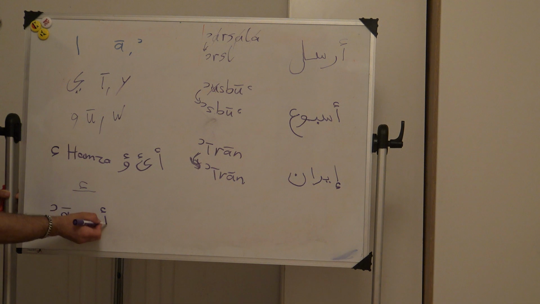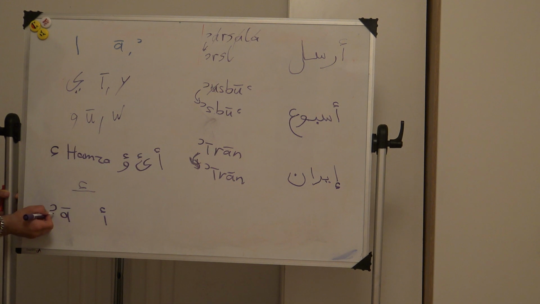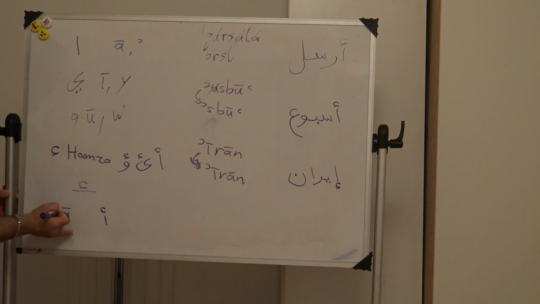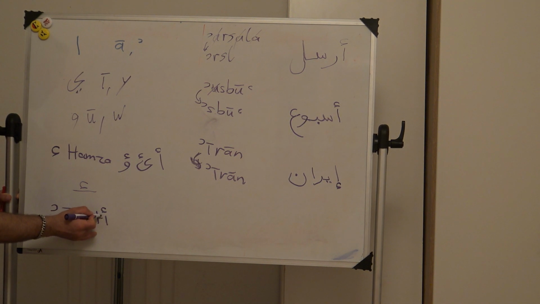At the beginning of the word it will do it in any way, and then a long A follows, which is also written with an alif, a naked alif. What will we do? The problem is this looks stupid, it doesn't look nice with two alifs, so the Arabs decided to shorten it with one alif, which has this wave above, which is called madda.